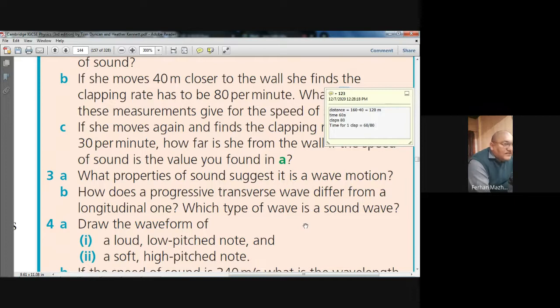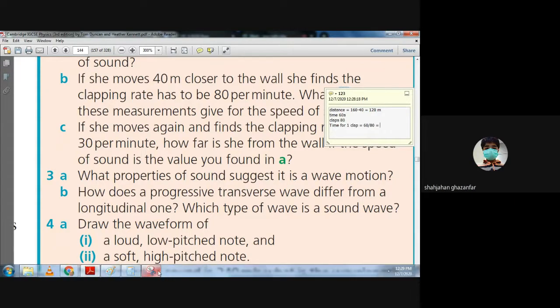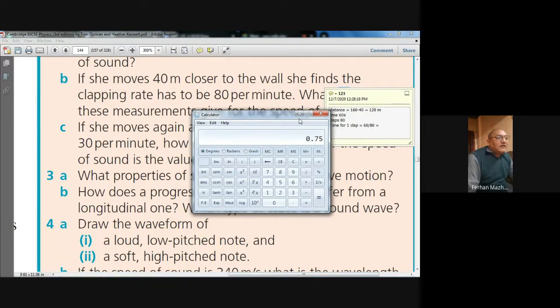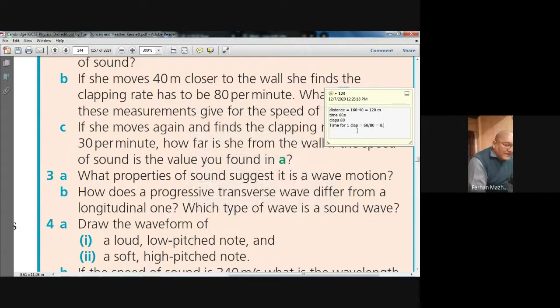That is 0.75 seconds. So the time between two claps is 0.75 seconds.